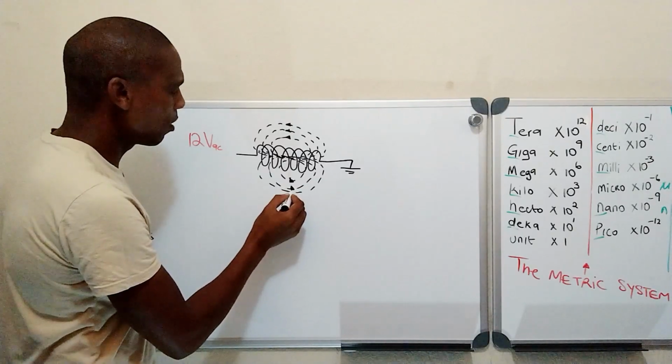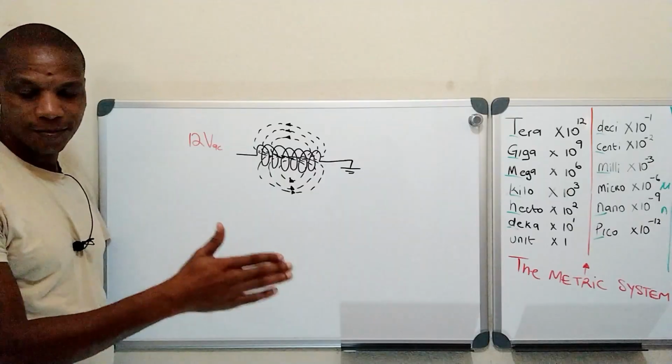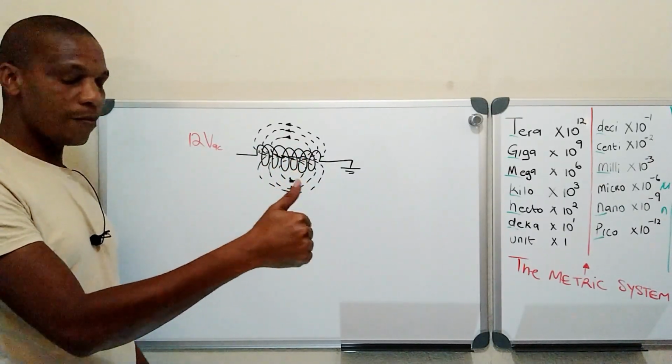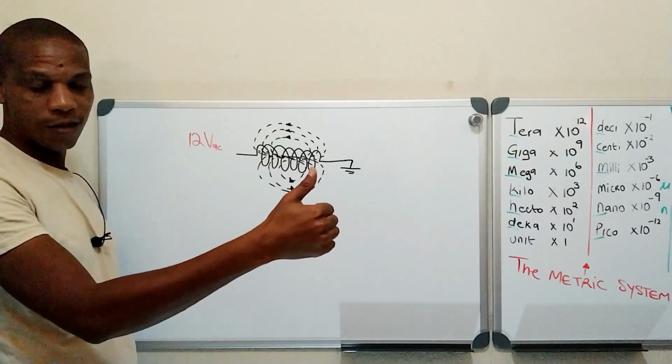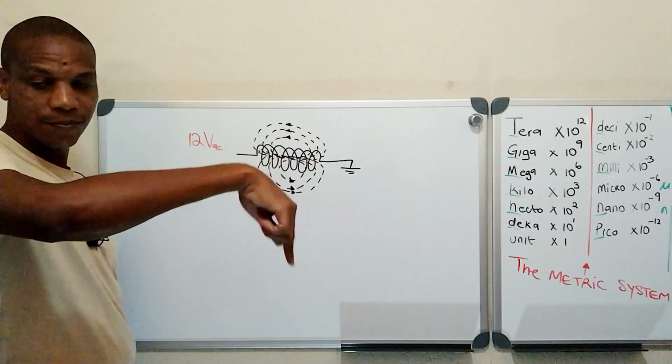To determine the direction of the magnetic field, you use your right hand. Your thumb must face the direction of the current, and the four fingers will tell you the direction of the magnetic field. It's in the form of a rotation.